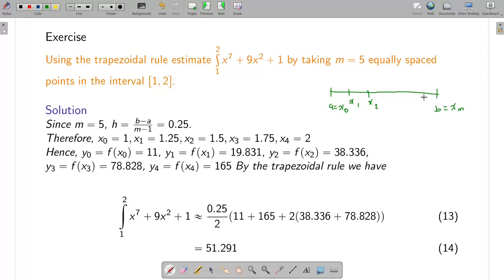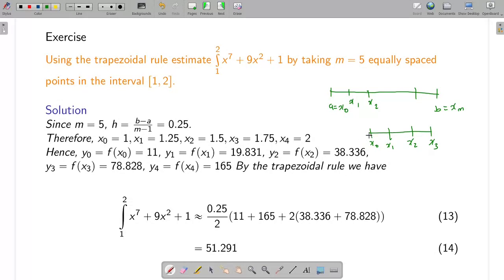If we want m equally spaced points, this breaks the interval into m minus 1 subintervals. When you take 4 equally spaced points, that is x0, x1, x2, x3, it breaks the interval into 3 subintervals, so the value of h would be the length of the interval, x3 minus x0, divided by 3.